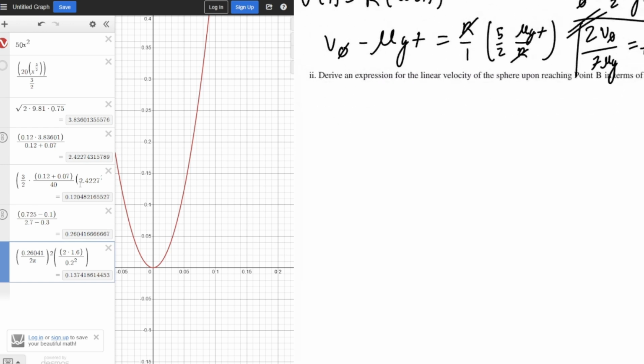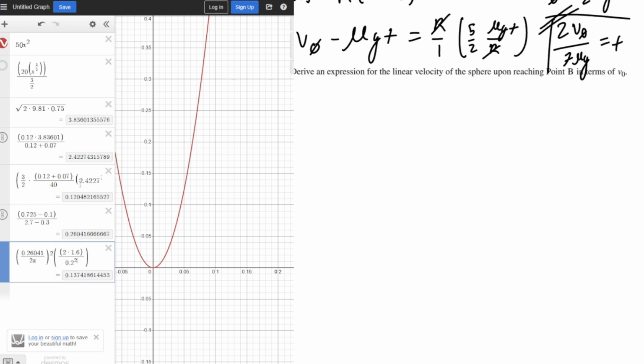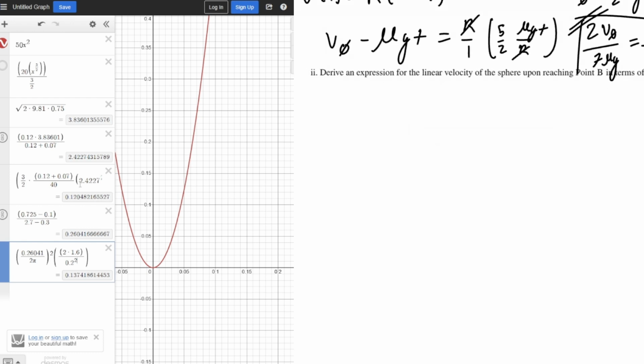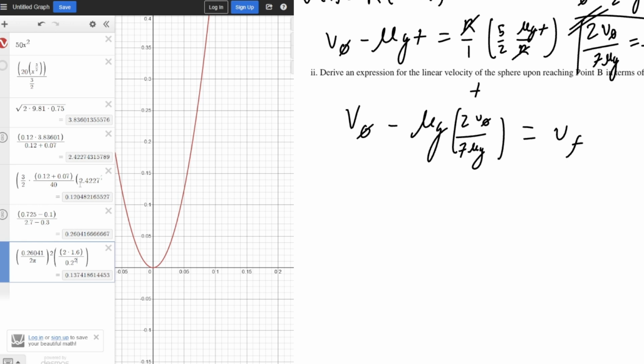Now it asks us to derive an expression for the linear velocity of the sphere upon reaching point B in terms of V naught. All we need to do is plug that time into this equation. Our time, 2 V naught over 7 mu g, gives V final.